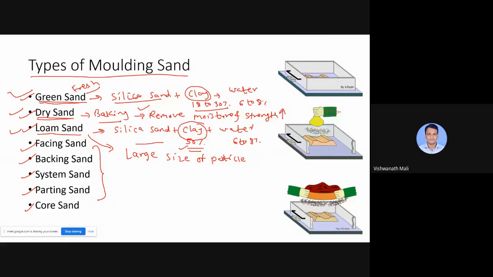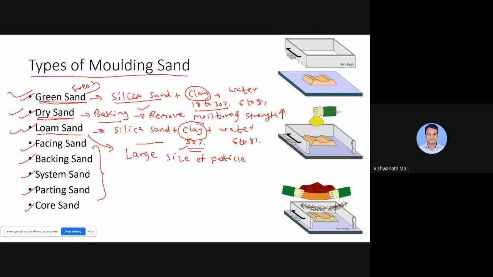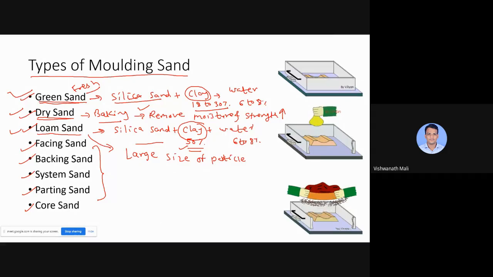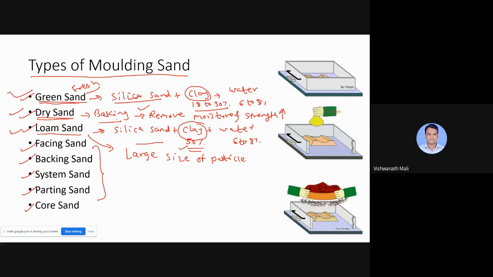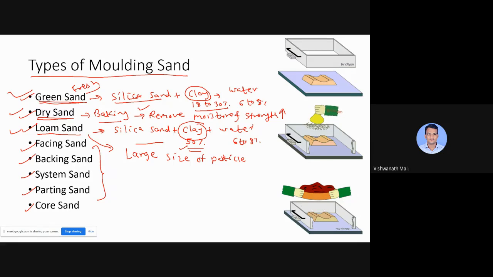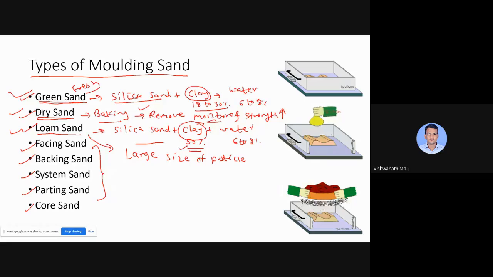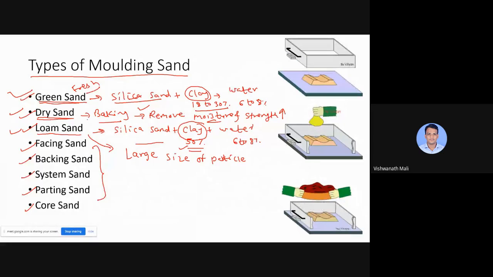Whatever mold is prepared with the help of green sand, we go for baking it. Why do we go for baking? In order to get good strength of the mold, plus to remove the moisture.